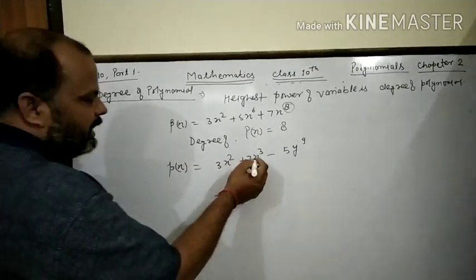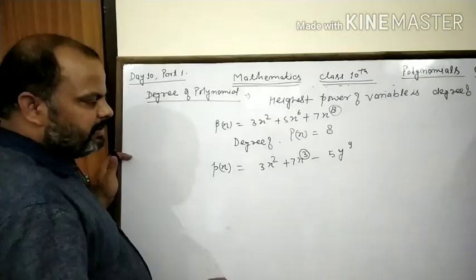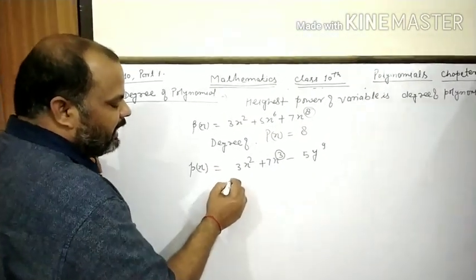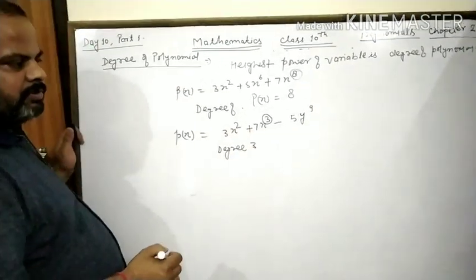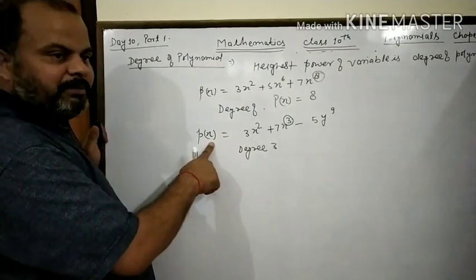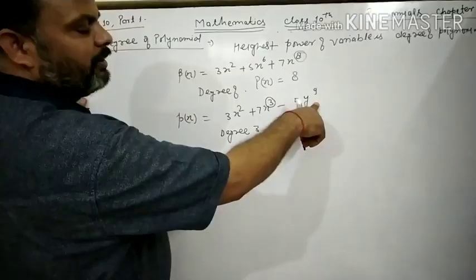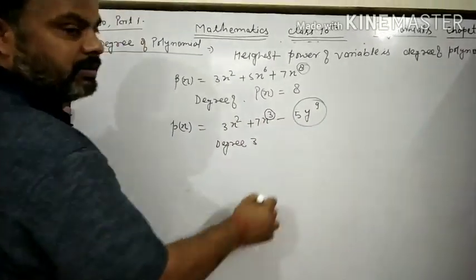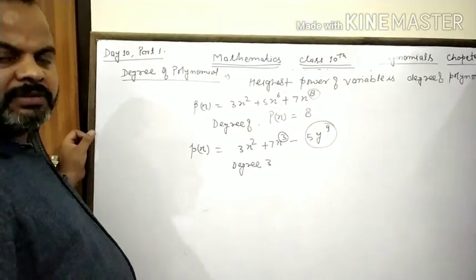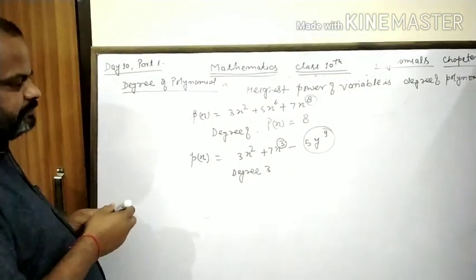Here the highest power of x is 3. Then this polynomial is of degree 3. Why 3? Because it is a polynomial in variable x. Here y to the power 9 is the highest, but it behaves like a constant. Is that clear?